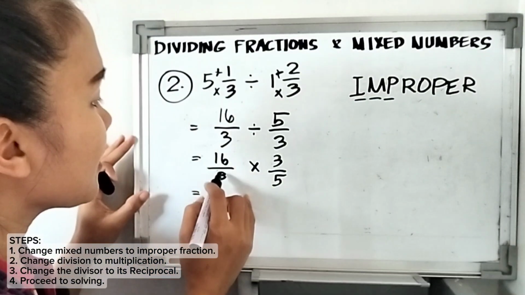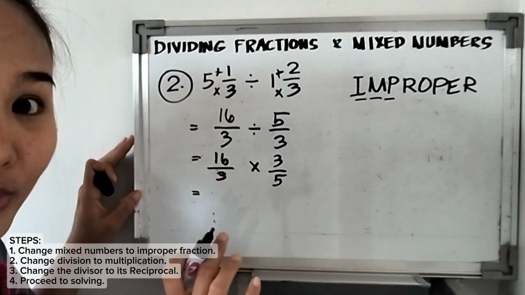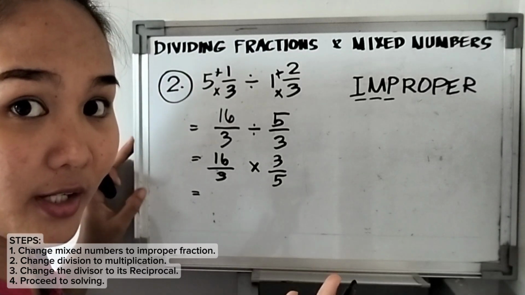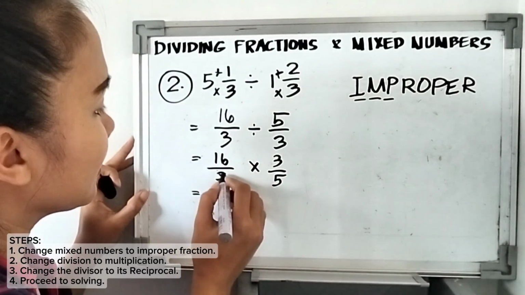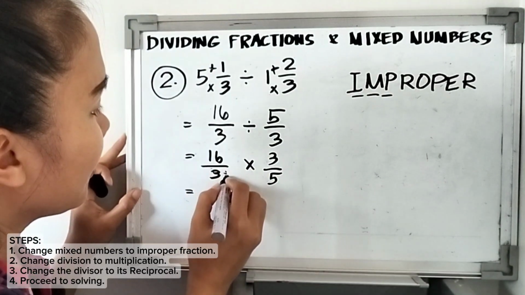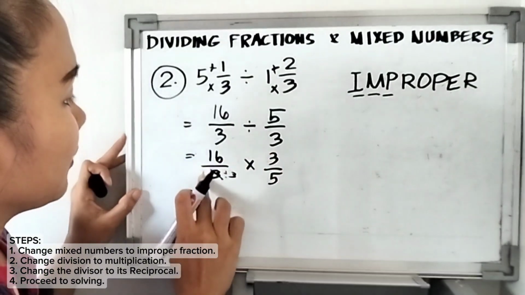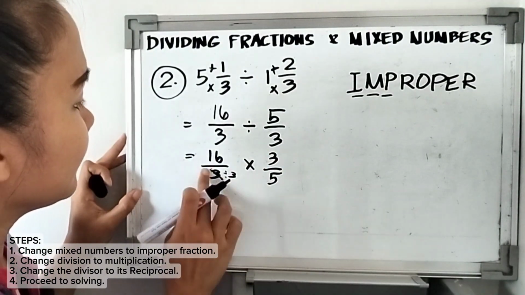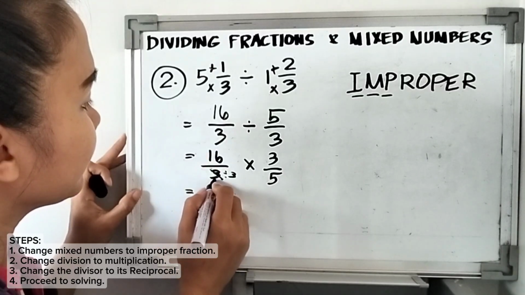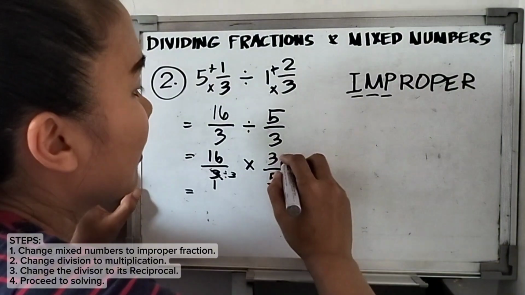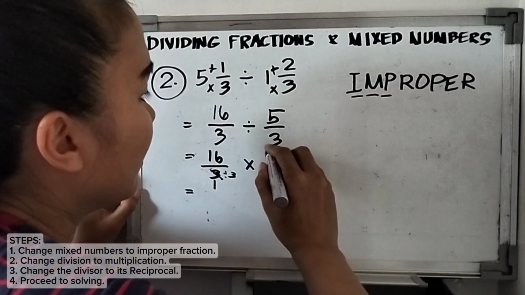Of course, this 3 and 3 are common, so their GCF is 3. Let us cancel this. 3 divided by 3 equals 1, and 3 divided by 3 equals 1.